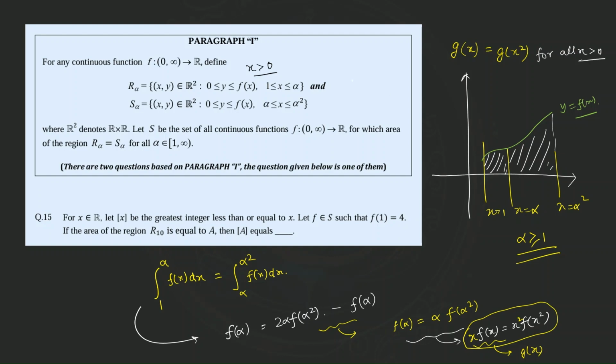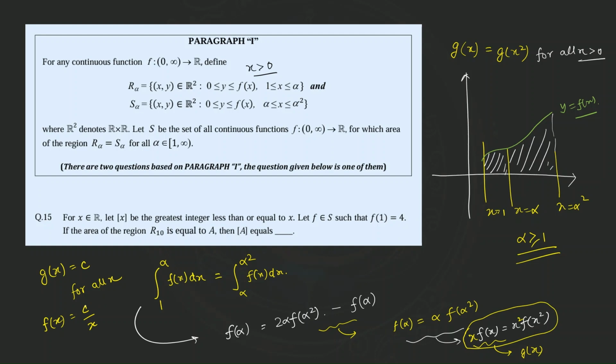So we can say this g(x) must be a constant function, then only it would be invariant under this transformation x to x square. So g of x will be g of x square for all x belonging to open 0 to open infinity, so g(x) will be some constant for all x. That means f(x) must be of the form c divided by x, where c is some constant.